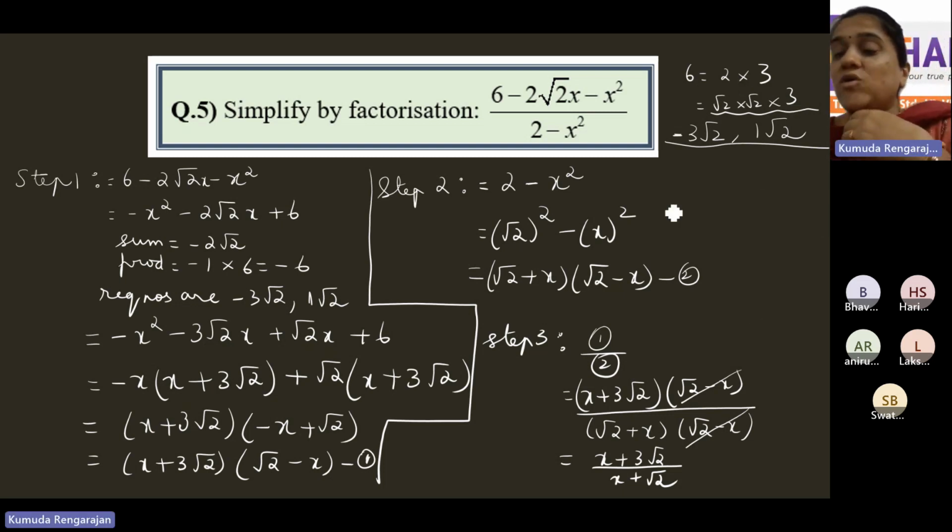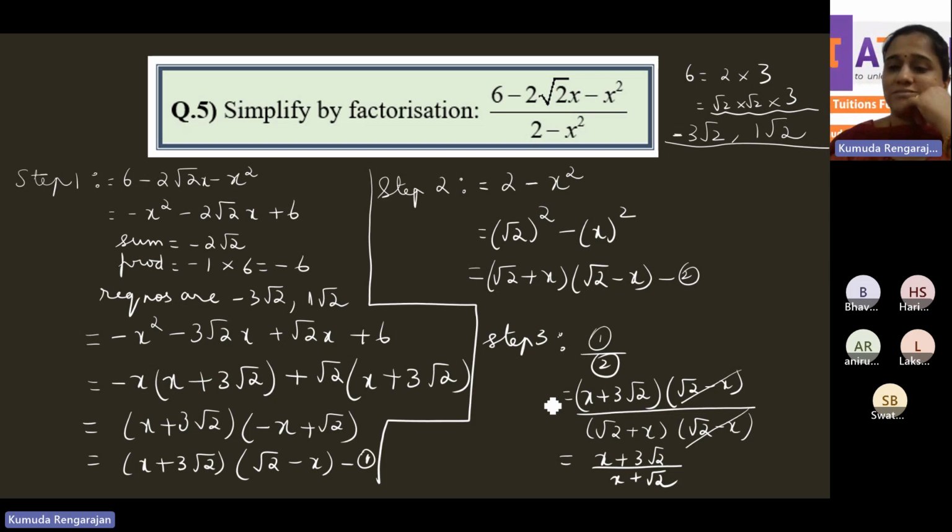I rubbed it from here and I copied it there. It's 2 into 3. So that's not a doubt. You must say you've gone wrong in writing there. I've written 6 as 2 into root 3.